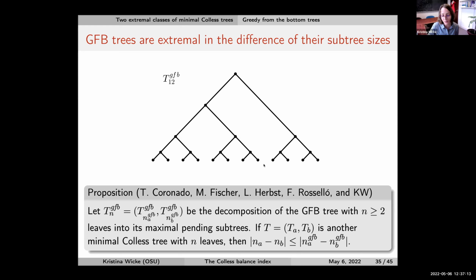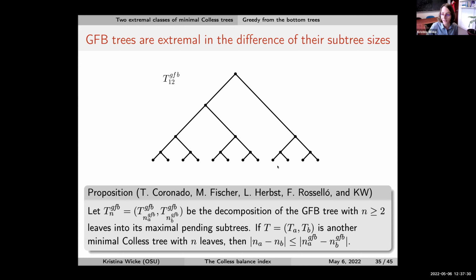Here's an example. On 12 leaves, that's the GFB tree, where we have 8 leaves on one side, 4 on the other. From this statement, we know that, for instance, dividing into 9 and 3 or 10 and 2 will never be possible.